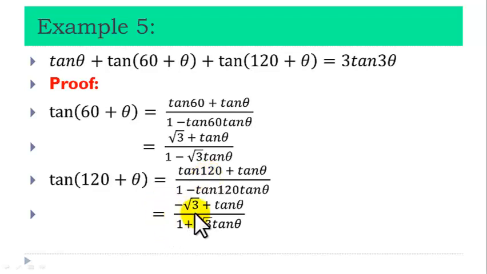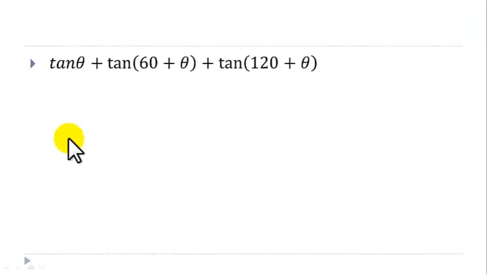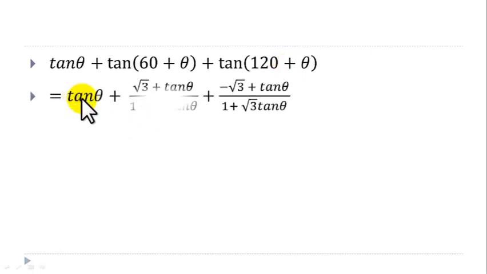That is why we have minus root 3 here, and minus root 3 tanθ will give us plus root 3 tanθ here. So therefore, tanθ + tan(60° + θ) + tan(120° + θ) is equal to tanθ + (√3 + tanθ) over (1 − √3 tanθ) plus (−√3 + tanθ) over (1 + √3 tanθ).